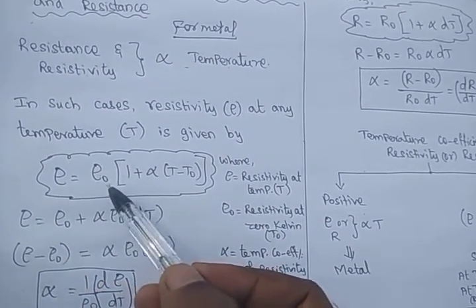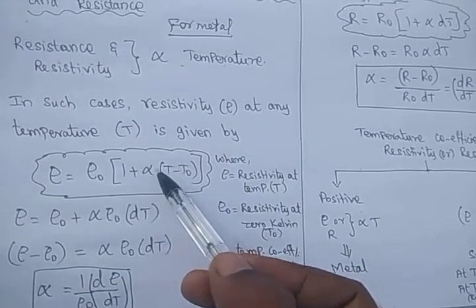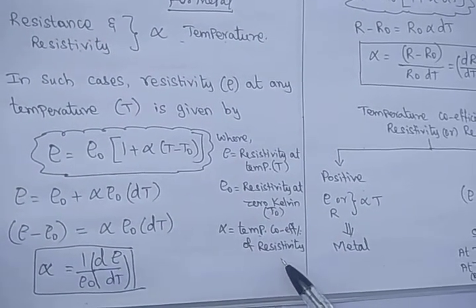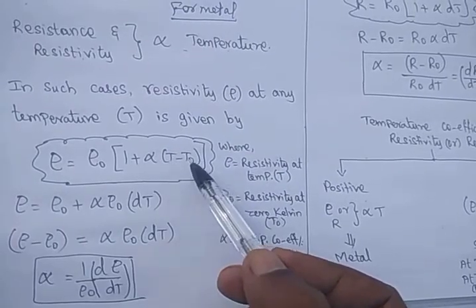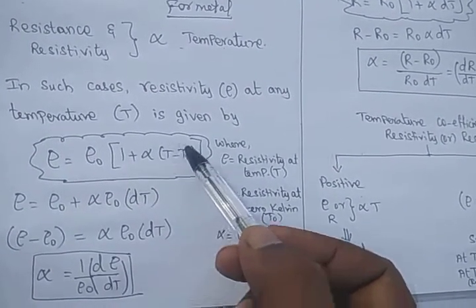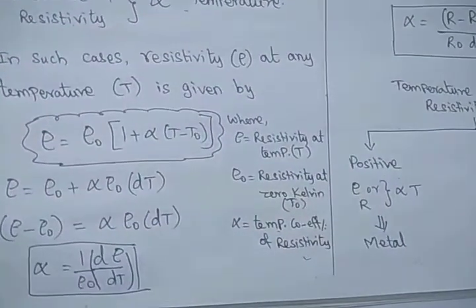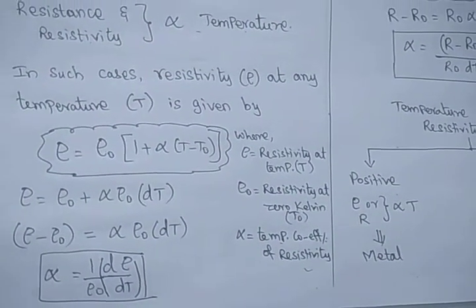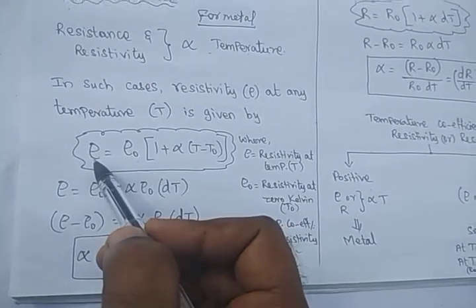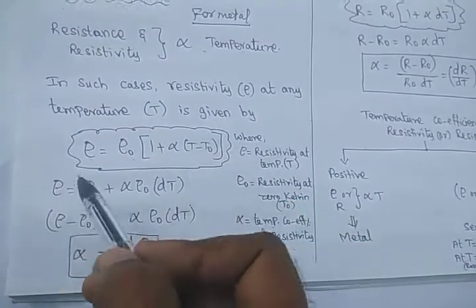So rho is equal to rho naught into 1 plus alpha, the proportional constant called the temperature coefficient of resistivity, into the difference between the temperatures. That is the final temperature minus the absolute temperature 0 Kelvin. So T naught is 0 Kelvin, the absolute Kelvin. So the resistivity at 0 Kelvin and the resistivity at temperature T can be related as follows.